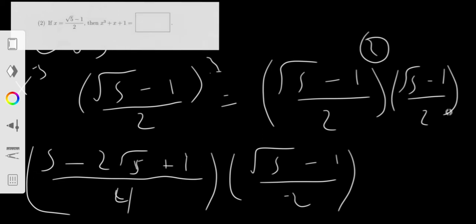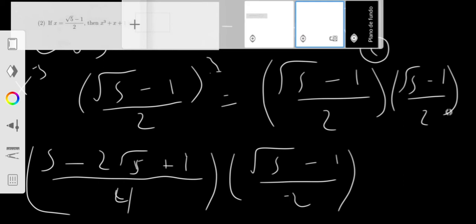Okay, now 5 multiplied by minus 1 is minus 5, and then we have minus 2 square root of 5 multiplied by the square root of 5, which is minus 2 multiplied by 5, minus 10. Okay, minus 2 multiplied by minus 1 is plus 2 square root of 5, and then we will have square root of 5 minus square root of 1, and 2 multiplied by 4 is going to be 8.